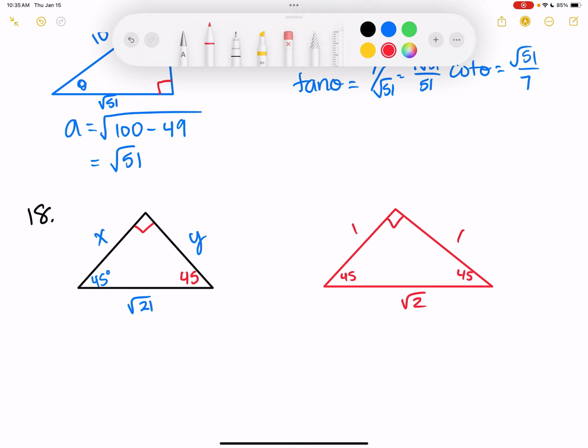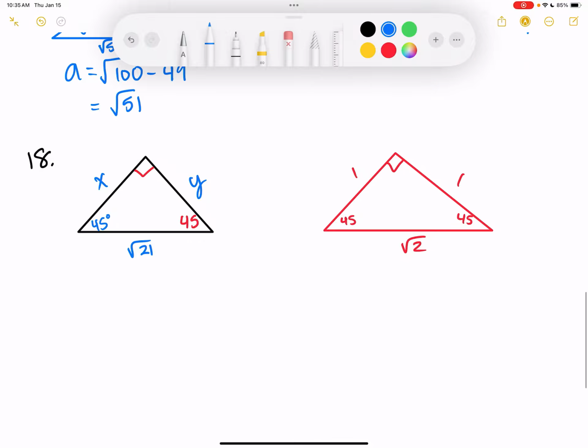So that means I need to figure out a ratio to solve for x, using proportions. So I'm going to do x over the square root of 21 is equal to 1 over the square root of 2.